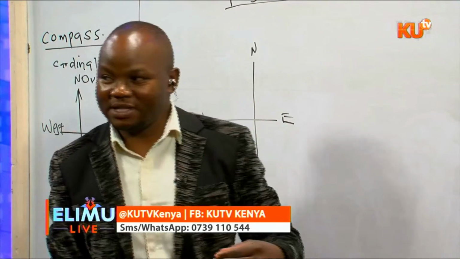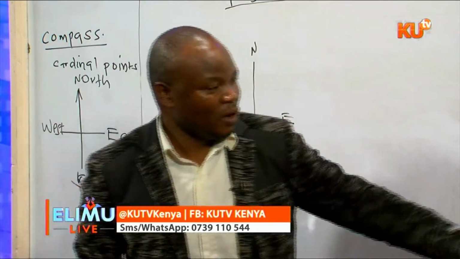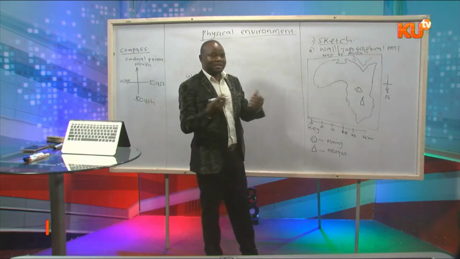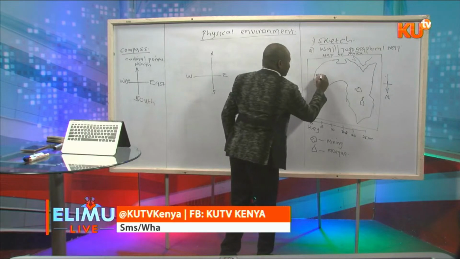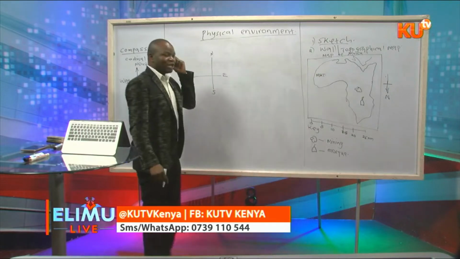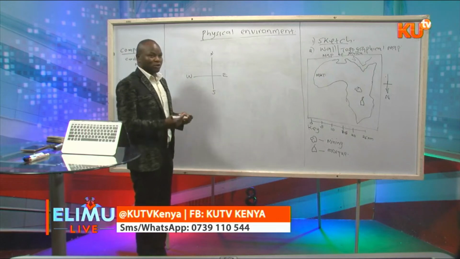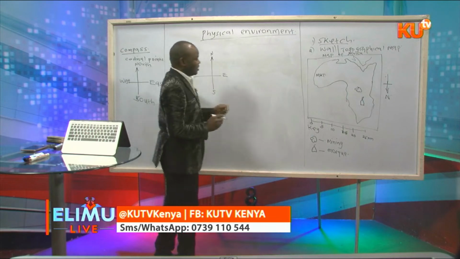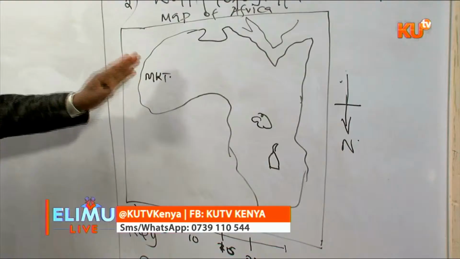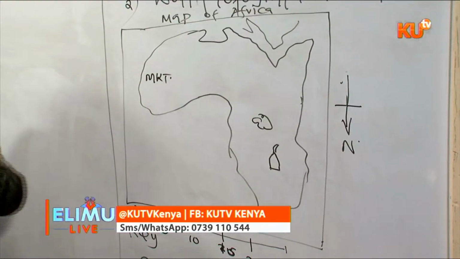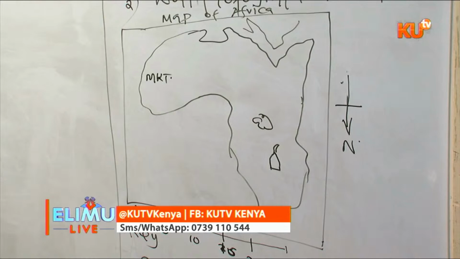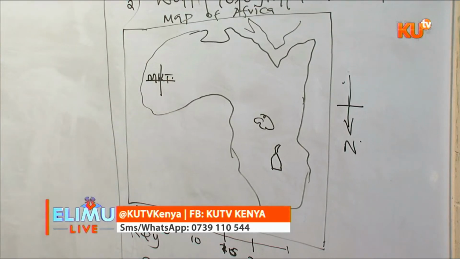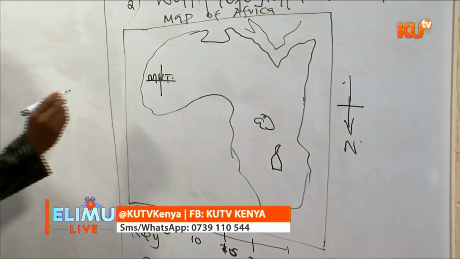For example, I'll give it relevancy to our map here. When somebody is at the mosque and there is a market at that place, and you want to locate it, how will you be able to locate? You are going to use the compass. Now, somebody is at the market but wants to locate where the mosque is. So you are going to stand at the market. You draw your compass at the market. Once you have drawn your compass at the market, indicate the points.